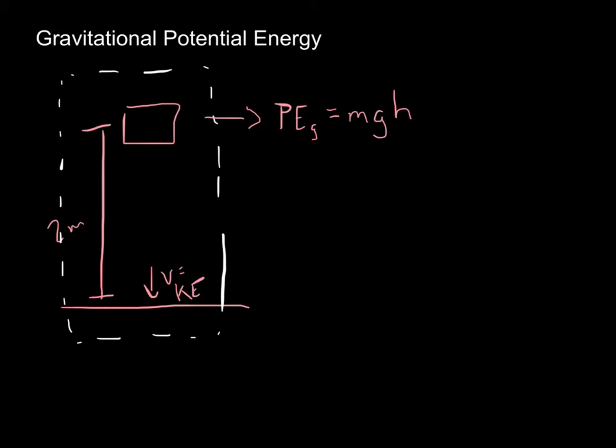One of the main reasons we do this is because it's actually going to make problems really easy to solve. So for example, I talked about, what would be the velocity down here at this point.